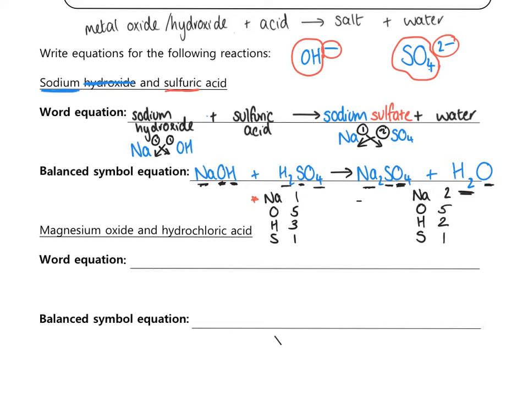Remember, at this stage we can only put big numbers in front of the whole formula. And so what I'm going to do is put a big 2 in front of my sodium hydroxide. Then it's really important that at this stage you update your list as to how many of each atom you have. So I've affected my sodiums, and now I have 2 sodiums. I've also affected my oxygens.